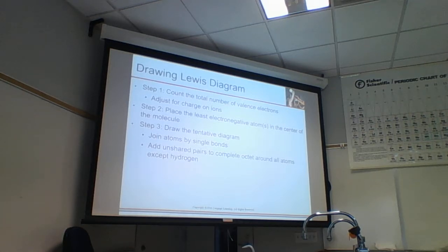Okay, -3 on nitrogen and +1 on the hydrogen. And those have to add up to -1, do they? Yeah, +1, +1, -3 is -1. So they add up. What did you get for the formal charges?